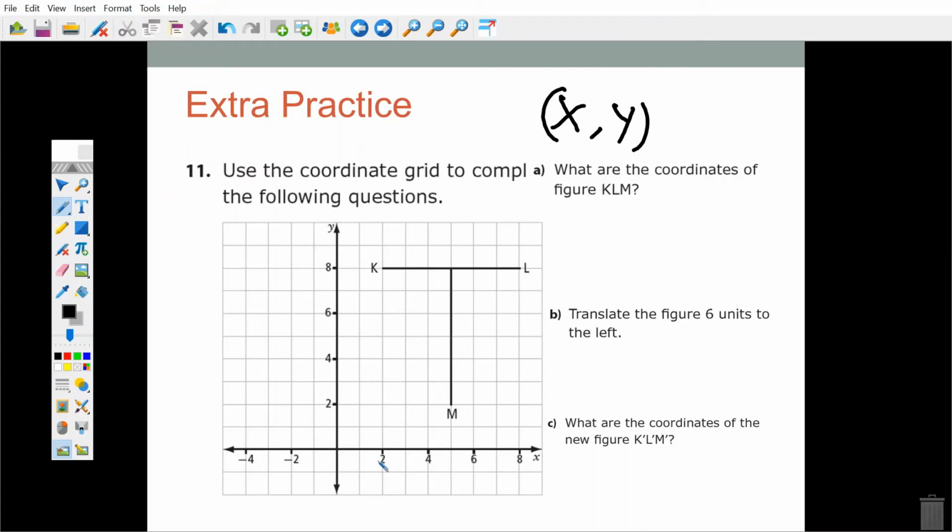So the X value of K is 2, and the Y value of K is 8. So K is 2 and 8. L is 8 and 8. And M is at 5 for the X value and 2 for the Y value.